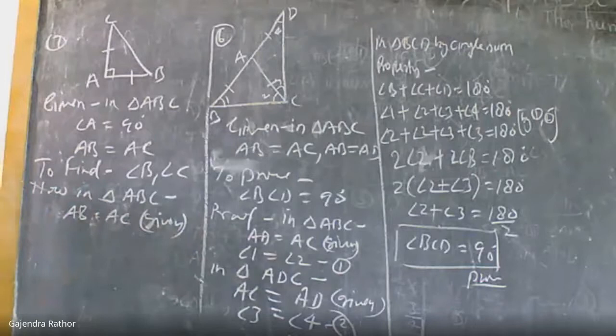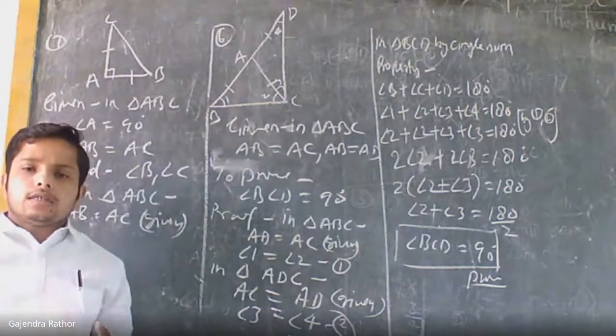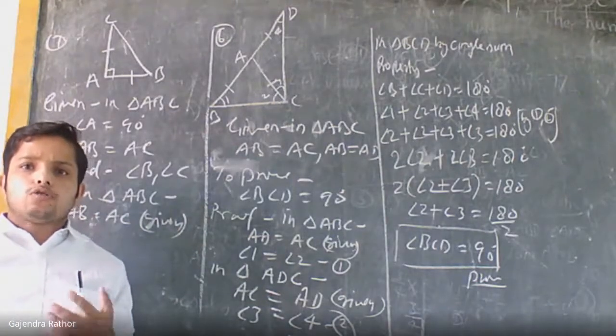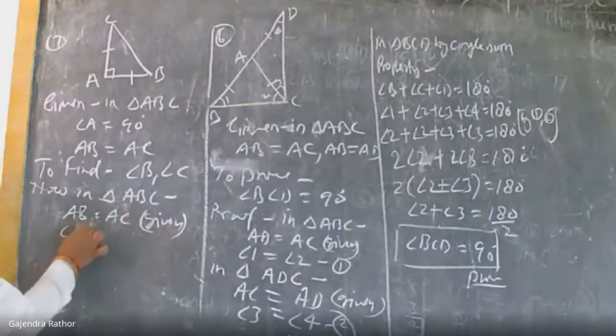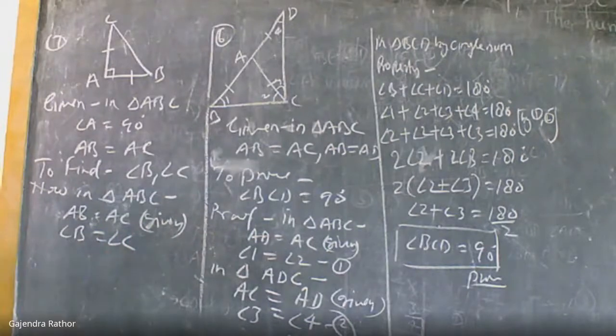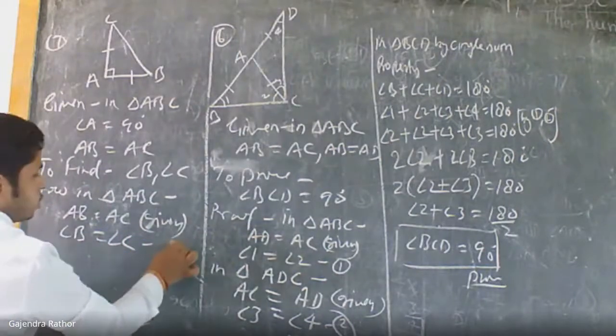We know that the angles opposite to equal sides are also equal. So the opposite angles are angle B is equal to angle C. That is equation number 1.